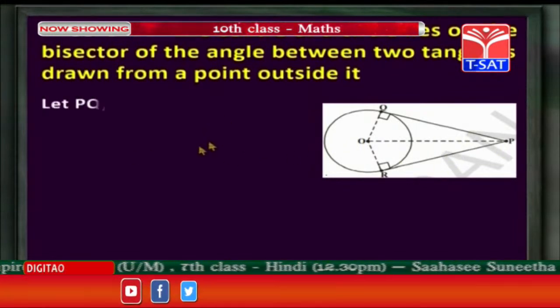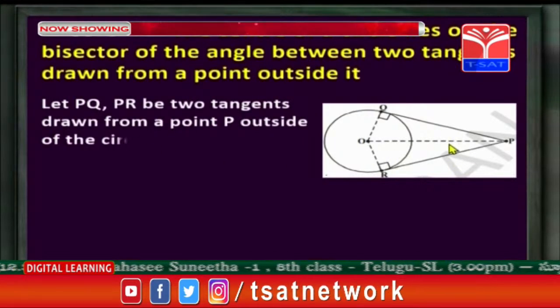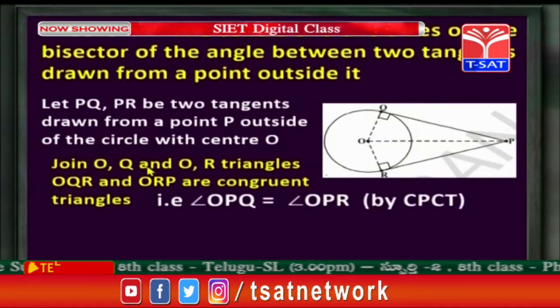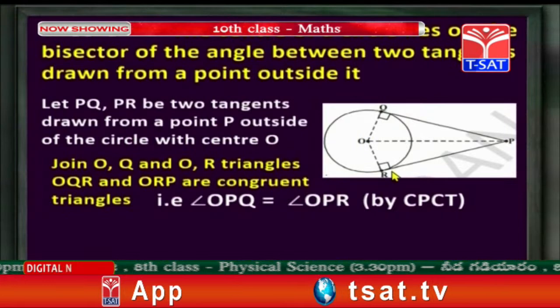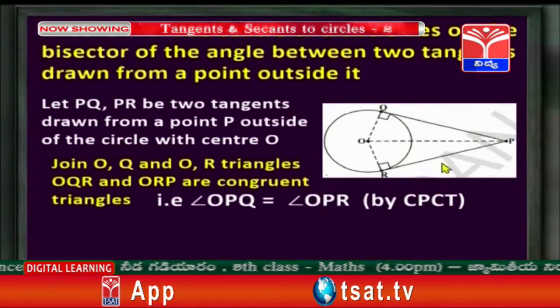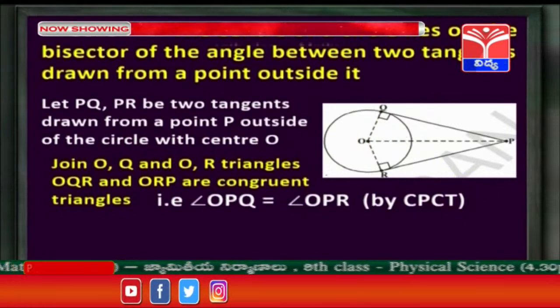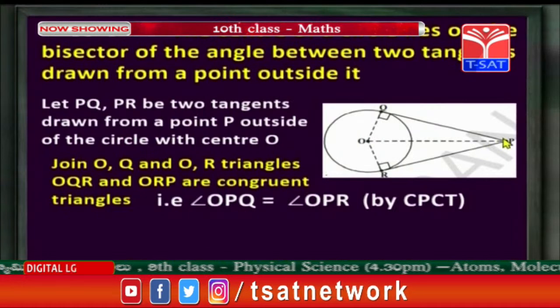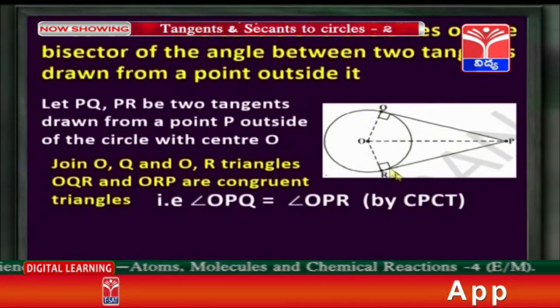Let us see the proof. Let PQ and PR be two tangents drawn from a point P. Join OQ and OR, then OQP and ORP are two triangles. If you observe, angle OQP and angle ORP are equal, each equal to 90 degrees.